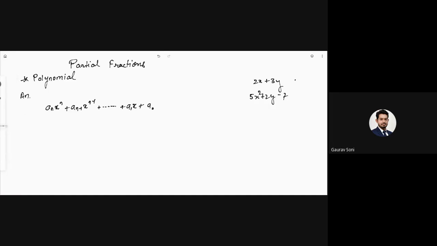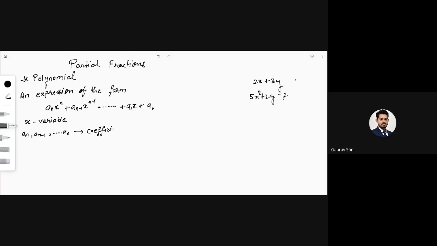An expression of this form. In this expression, x is a variable, and a_n, a_(n-1), up to a_0 are the coefficients.